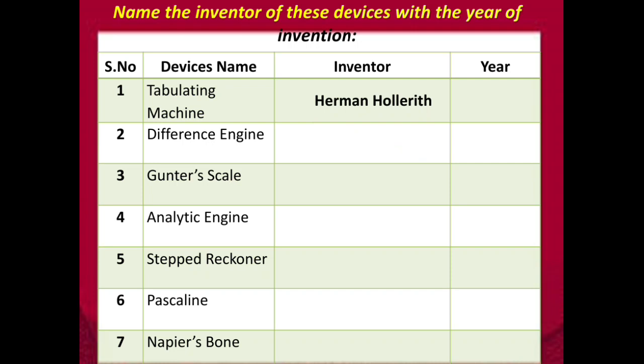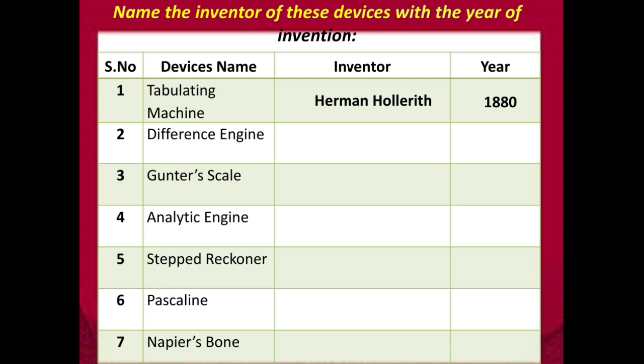The tabulating machine was invented by Herman Hollerith. In which year? 1880. He invented the tabulating machine in 1880.